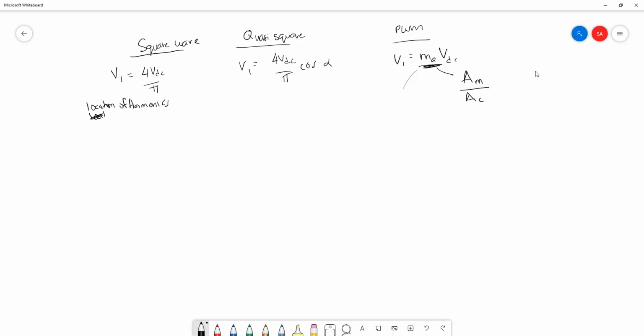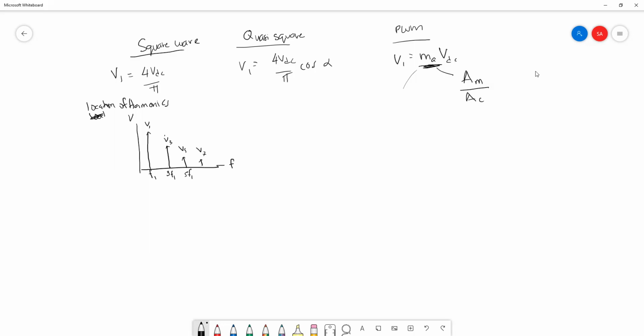For square wave, if you plot the spectrum, voltage output versus frequency, you will have a fundamental voltage V1 at a frequency of F1. The nearest harmonic appears at 3 times the fundamental frequency, and this is its magnitude. So this is the spectrum.